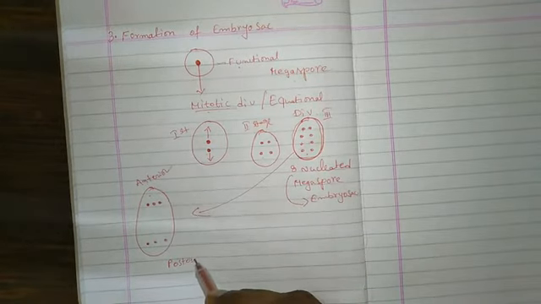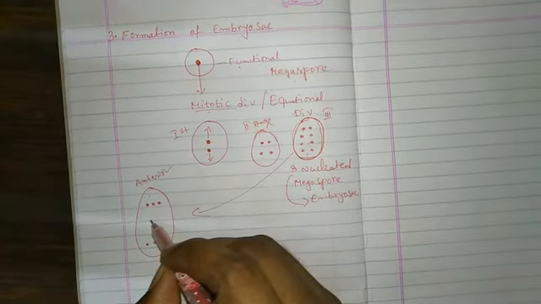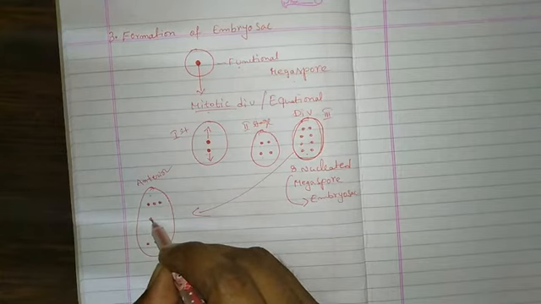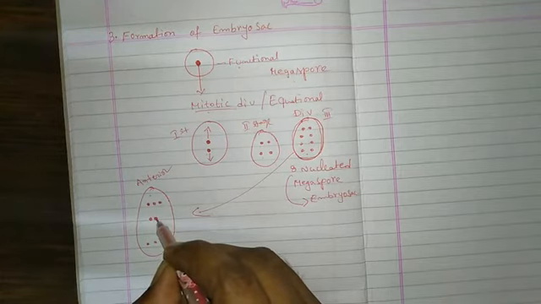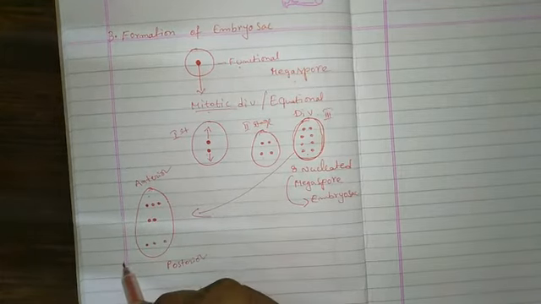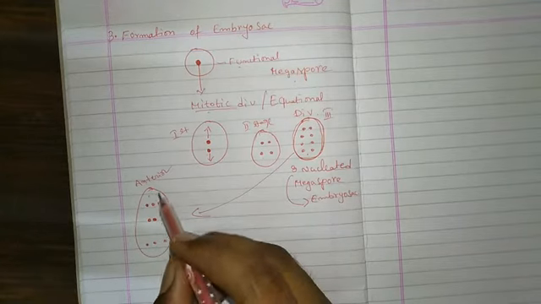Anterior and posterior direction. And the remaining 2 nuclei are situated in the central portion of the cell, or central portion of the embryo sac.